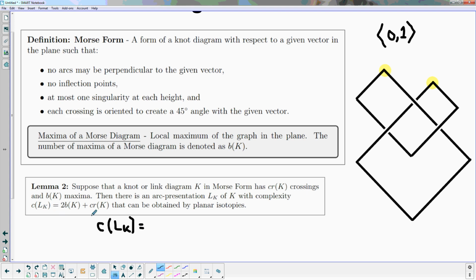There is an arc presentation of the trefoil that has complexity double the maximum, which is 4, plus the crossings, there's 3 crossings. So there is one that has 7 as its complexity. There's a representation of the trefoil that has 7 as its complexity.